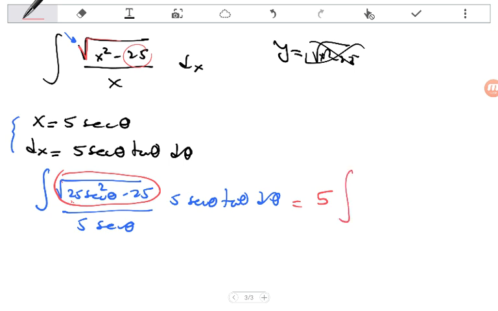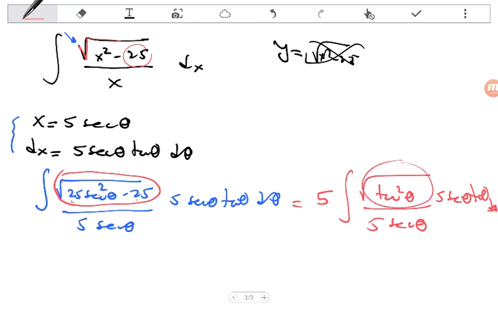What will remain is root of sec squared minus 1. What is sec squared minus 1? It is tan squared. Now tan squared under the root will be tan theta. The 5 will be eliminated with the 5. Now what will remain is 5 tan squared theta d theta.